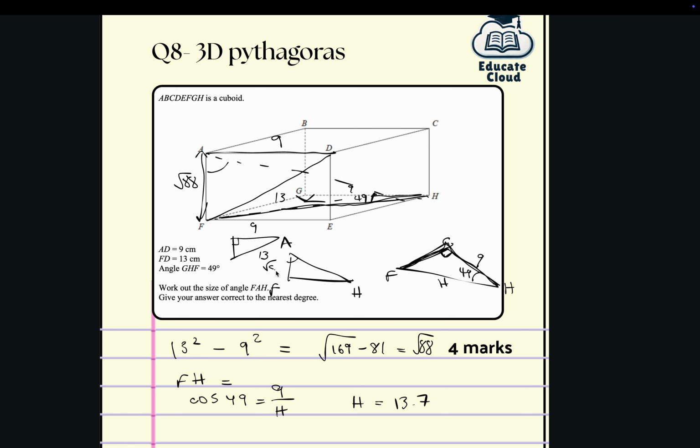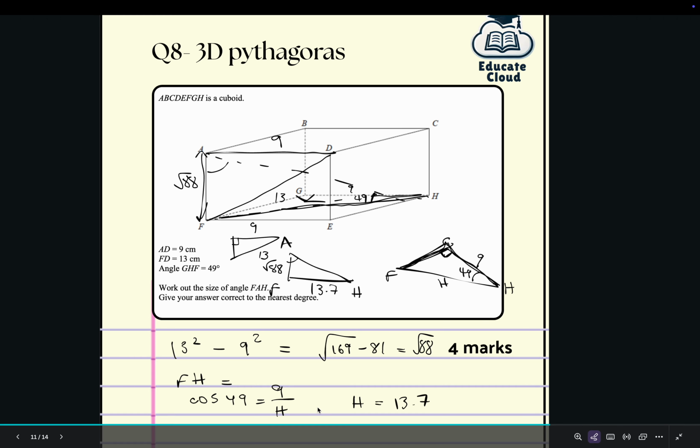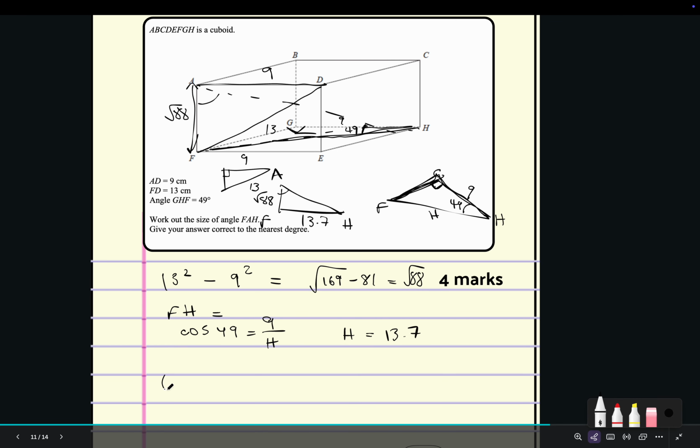We know AF is root 88 and FH is 13.7. So we could just use tan, opposite over adjacent. Tan of an angle is opposite, which is 13.7, over adjacent, which is root 88. Let's just do the inverse all in one go. It's going to give me 56 degrees.